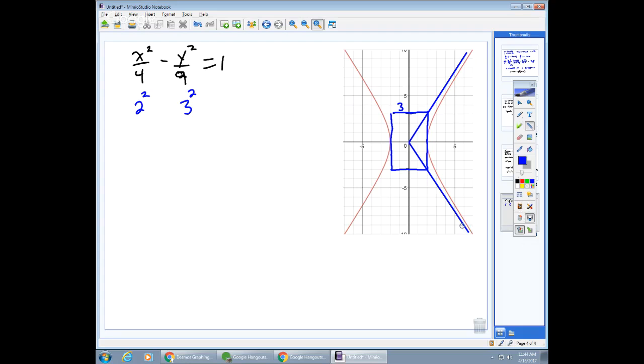If you look at the box, we can see the box has a rise of 3 and a run of 2. So it looks like y equals 3/2 x and y equals negative 3/2 x should be my asymptotes. And these, since they're not vertical or horizontal, are called slant asymptotes.